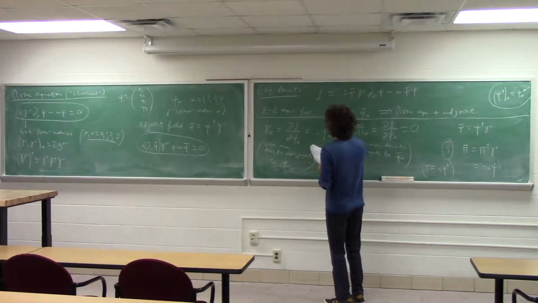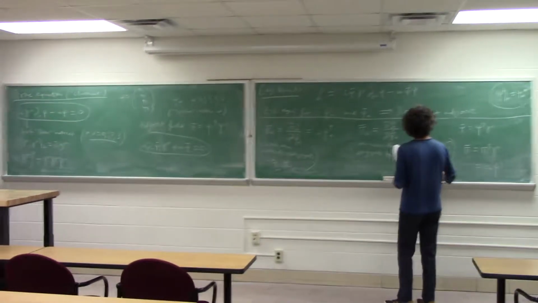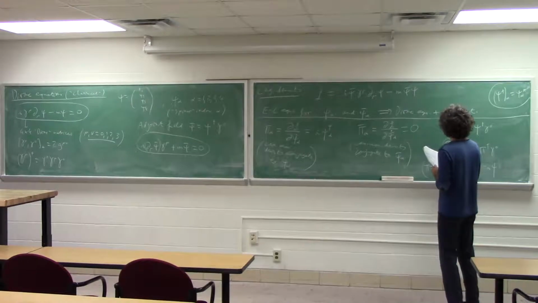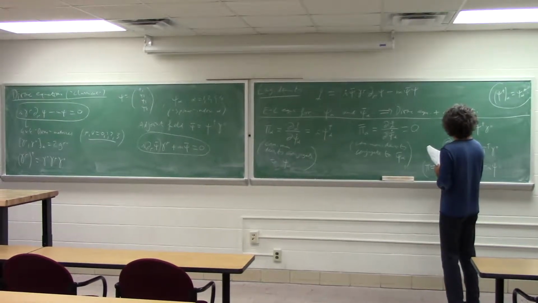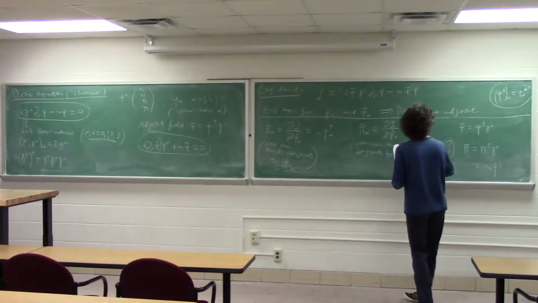Hang on, you have to be careful. This is a row vector. If I wrote it like that, it would become a column vector. I would have to think about it in terms of components.